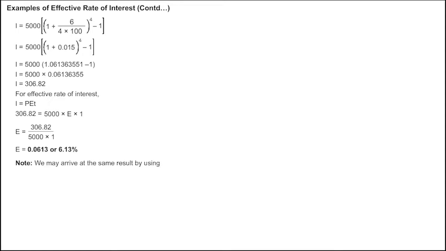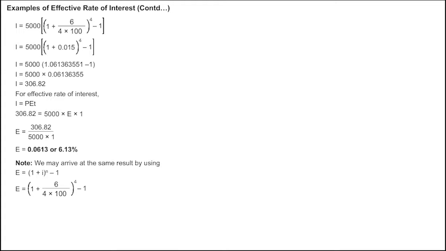Now we may arrive at the same result using the other formula, which says capital E is equal to (1 plus i) whole raised to n minus 1. What is i? 6 upon 100. That is, R is 6% given to us. So i is 6 upon 100, and it is compounded quarterly, we know that. So E is equal to (1 plus 6 upon 4 into 100) whole raised to the power 4 minus 1.